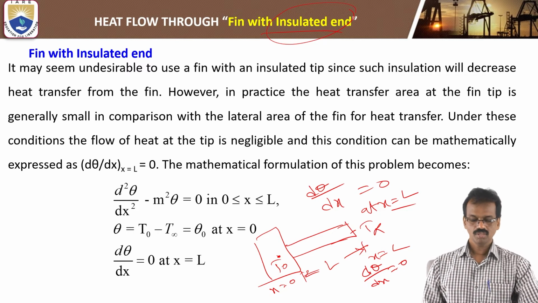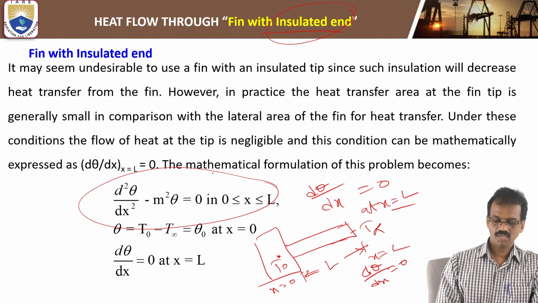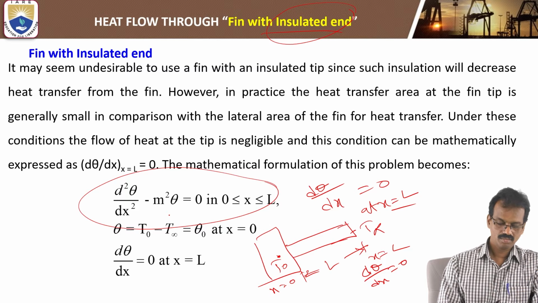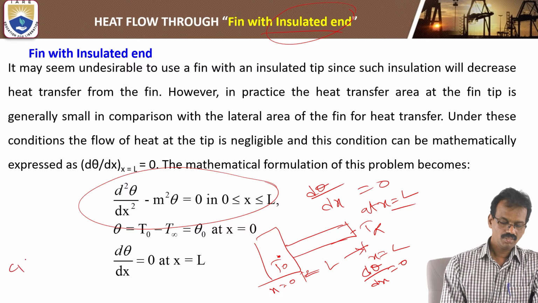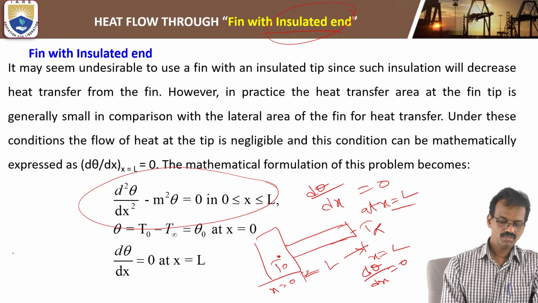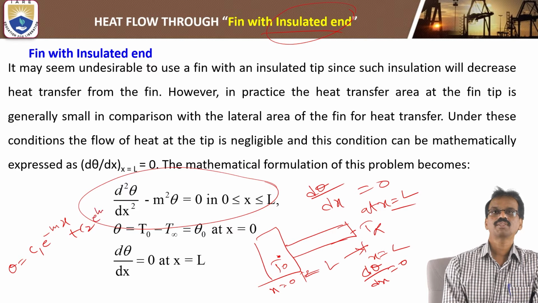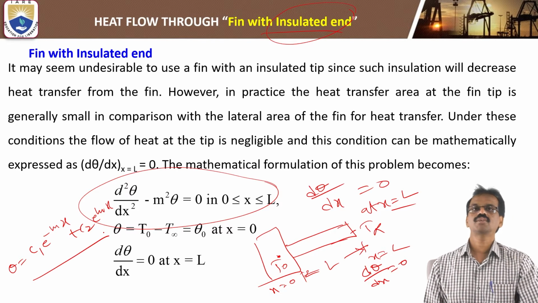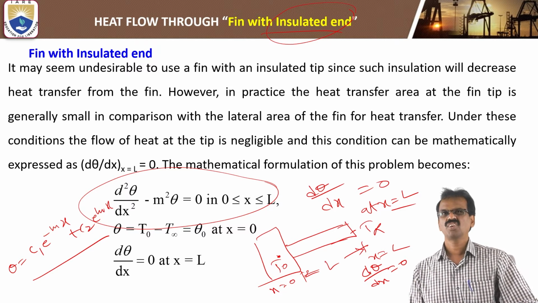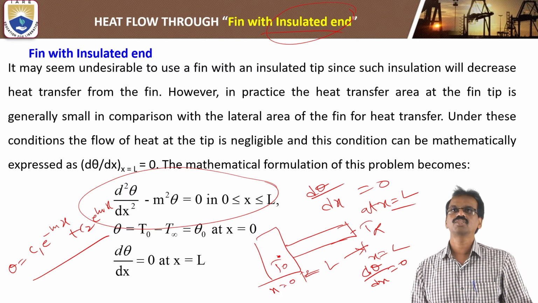You know this is the previously derived formula. The general equation is theta is equal to C1 e to the power of minus mx plus C2 e to the power of mx. So we have to use this general equation for solving the rate of heat transfer in the insulated end.